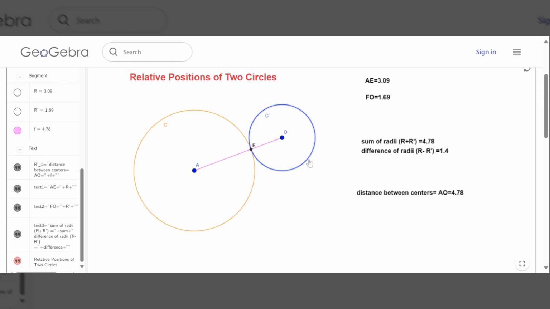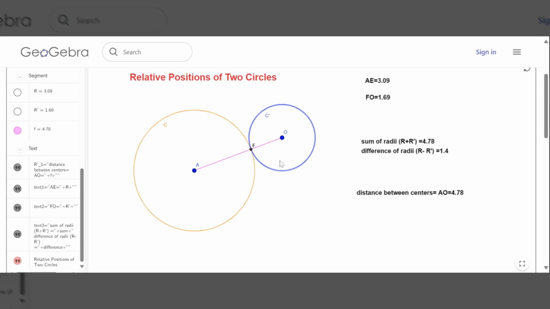If the two circles are tangent, look here, this radius plus this radius, the sum of the radii is 4.78, equal exactly to the distance between these two centers. Why? Because these two circles are tangent externally. They touch each other at 1 point.